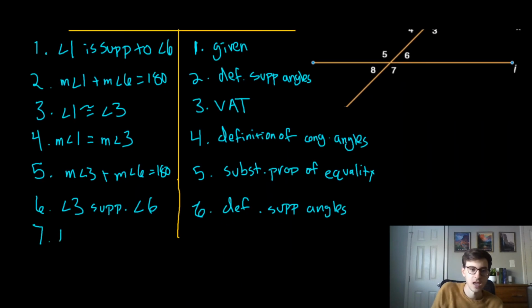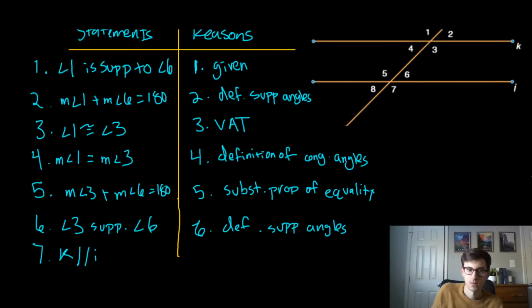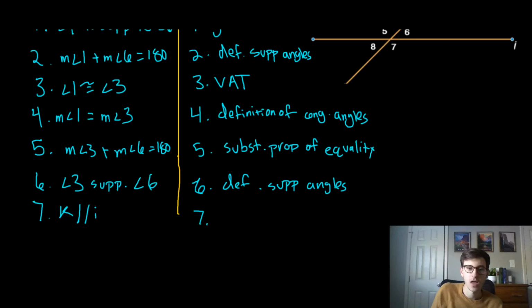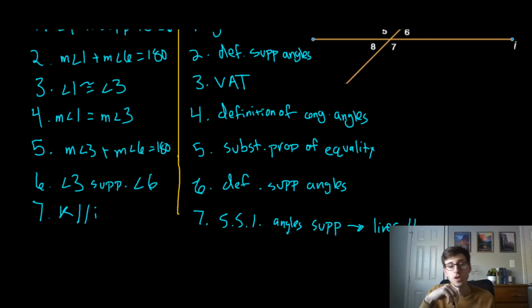That line K is parallel to line I. And how can I say that? Well, I know that if same side interior angles are supplementary, that implies that the lines are parallel. And that's really super shorthand, but that's okay. Same side interior angles are supplementary. That means the lines are parallel.